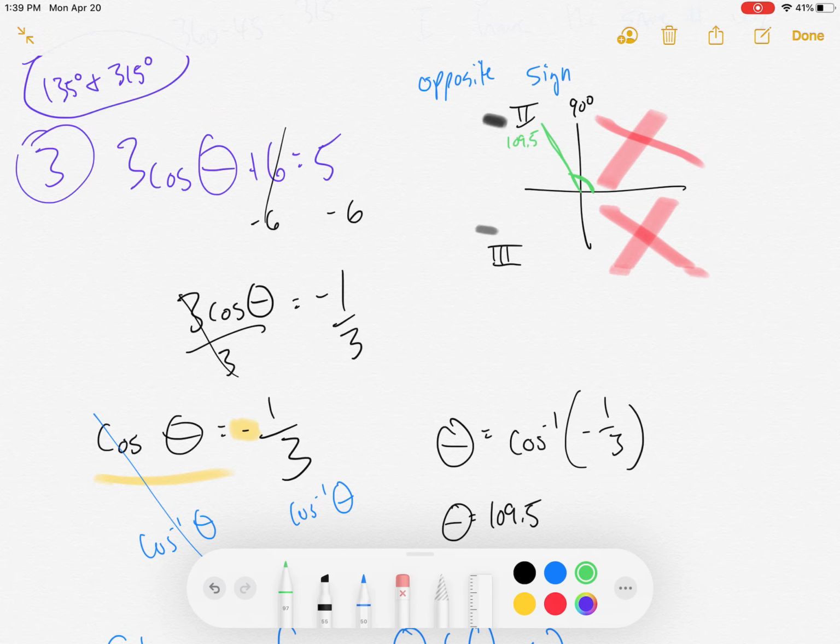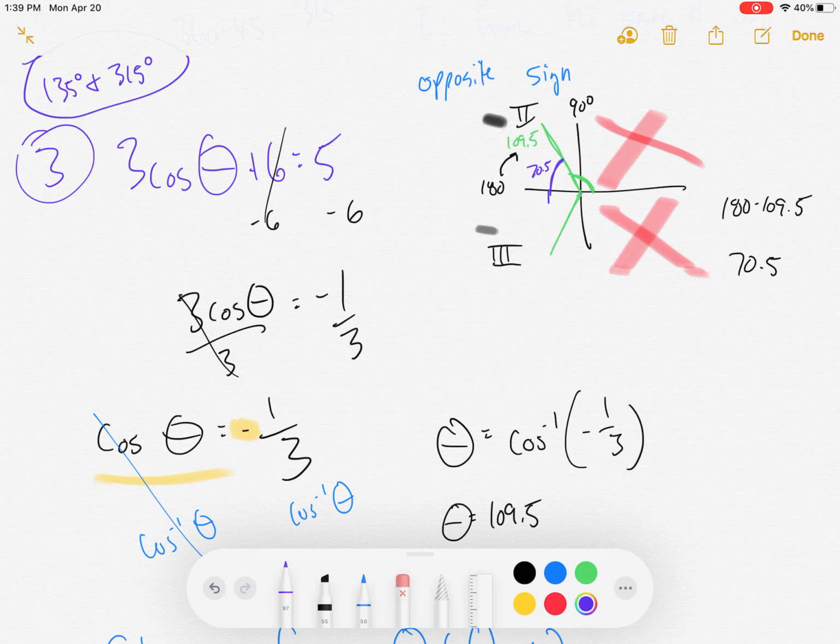In other words, how do I get from 180 back to 109.5? Well, what is 180 minus 109.5? We should get 70.5. That means my reference angle, this bad boy right here, is 70.5.